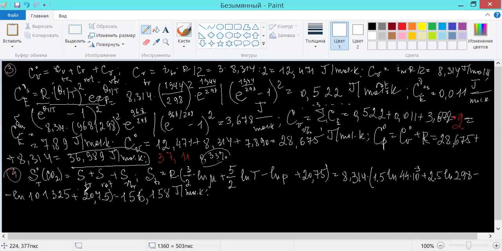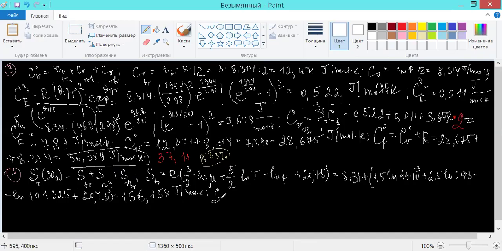Now the rotary. In order to answer the question of how large the rotary component of the entropy is, we need to remember the formula itself.